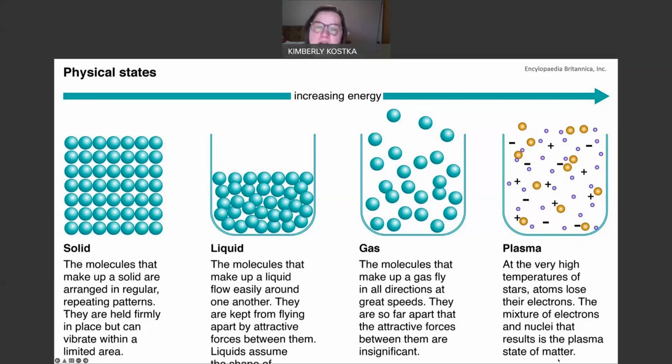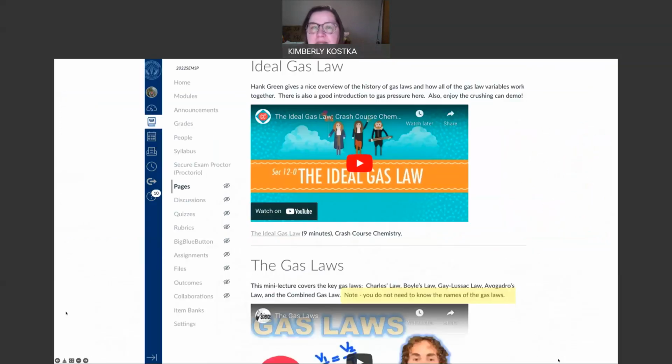A liquid occupies the volume of its container and can move with the shape of the container, but the liquid is constrained into a fixed volume. In a gas, however, the particles are far apart and they can assume the volume of any container that they're in, whether the container is a vessel or a room.